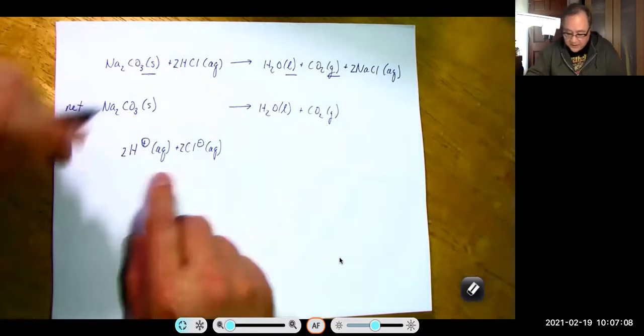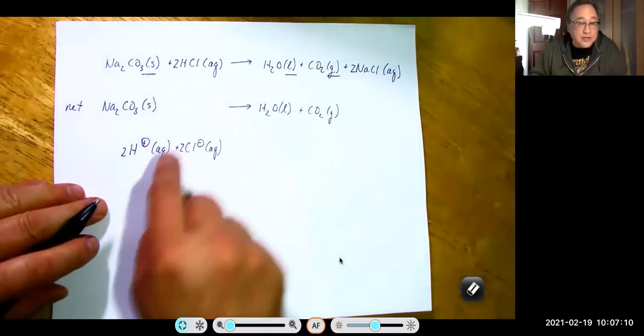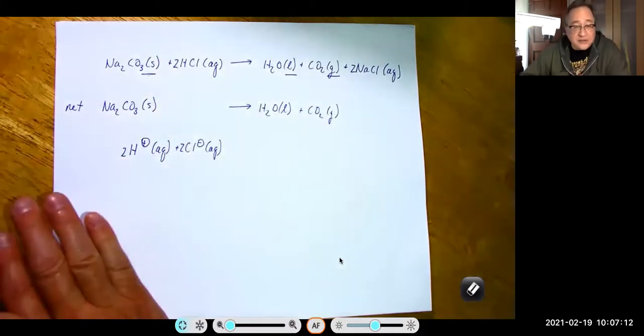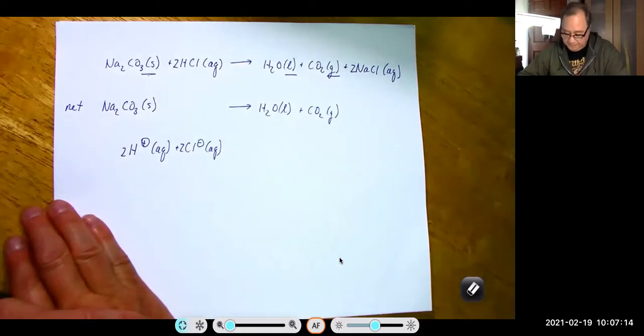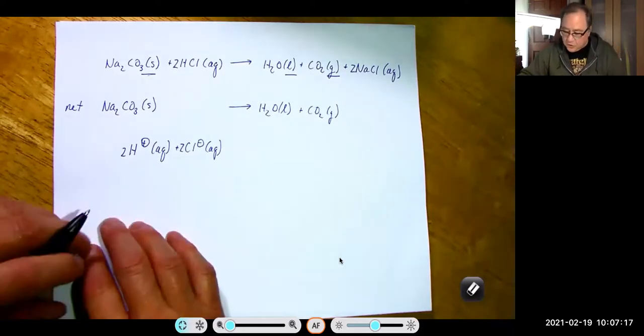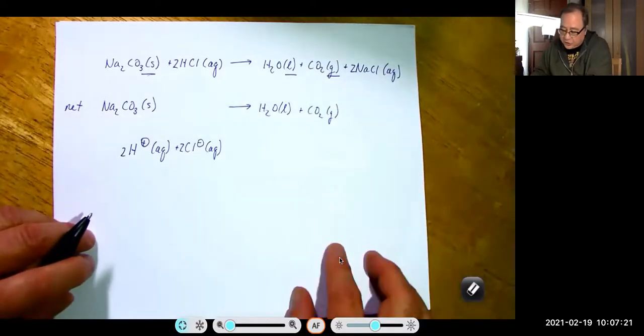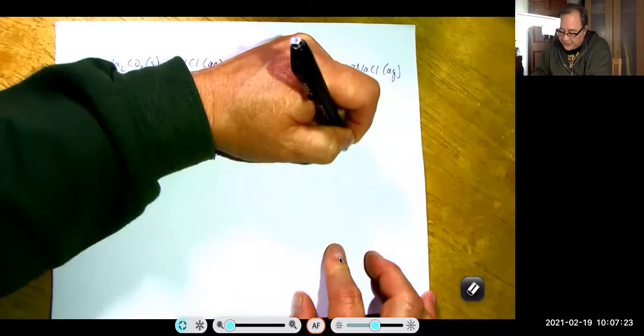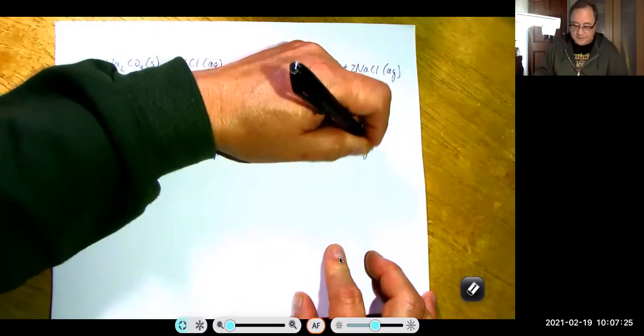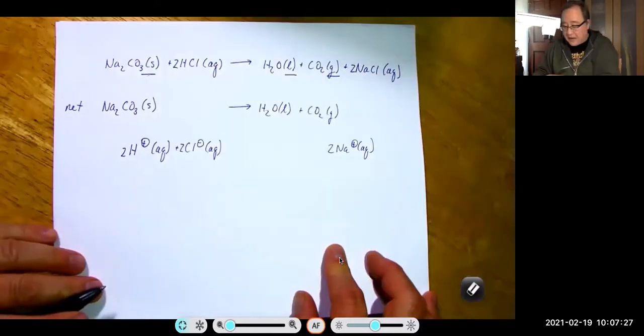So this is what 2HCl represents when we write aqueous, because it is a strong acid. So what does this represent over here, the 2NaCl aqueous? Well, it represents 2 sodium ions that are aqueous and 2 chloride ions that are aqueous.